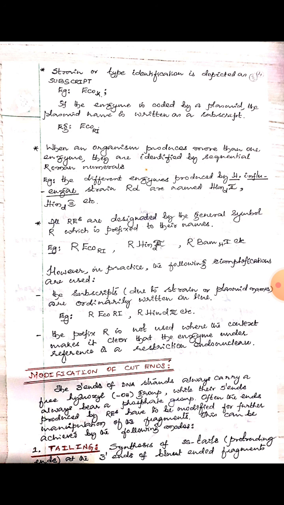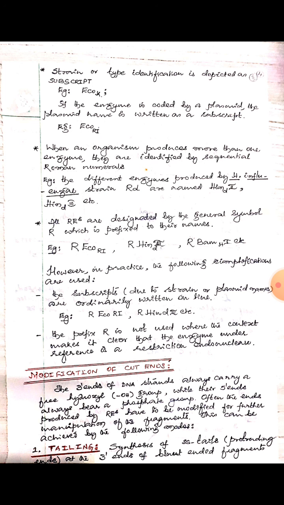Roman numeral 1 tells you that this is the first enzyme. So correctly, if I am writing EcoR1, I should write capital R, capital E, small c, small o, and R and 1 as subscript. In the same way, R HindIII: R for restriction endonuclease, H for Haemophilus, in for influenzae, d for either the strain or the plasmid, and Roman numeral 3.